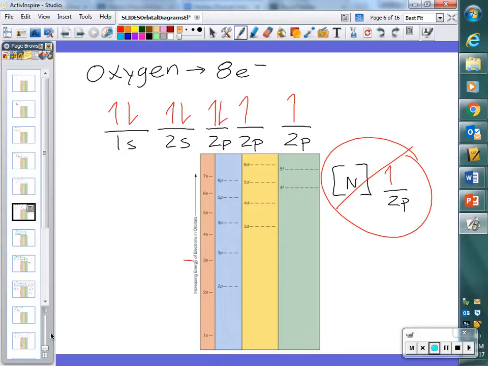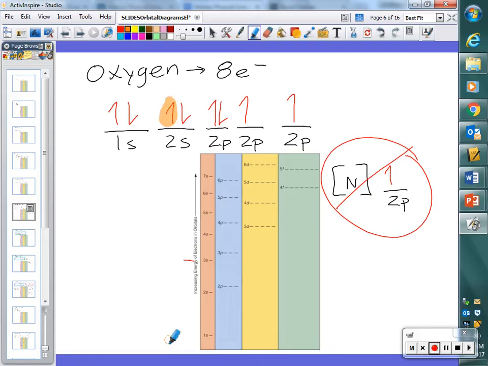So, here is a picture of the orbital diagram for oxygen, which I believe we drew at the bottom of page 2 on the current outline that we're working on. Yes? Yep. All right. Let's take this electron.